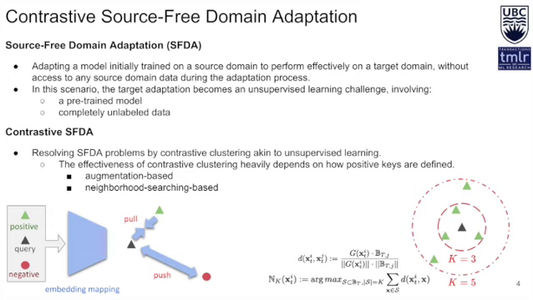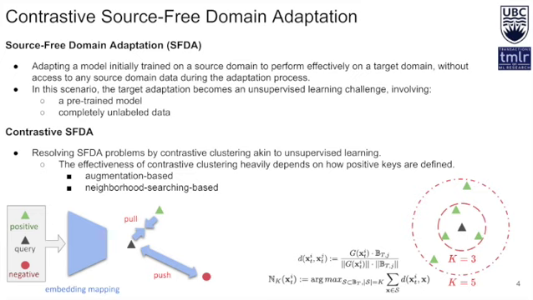One state-of-the-art framework to tackle this problem is to use contrastive learning. The effectiveness of contrastive clustering in fact heavily depends on how positive keys are defined. In general, there are two ways to define the positive keys.